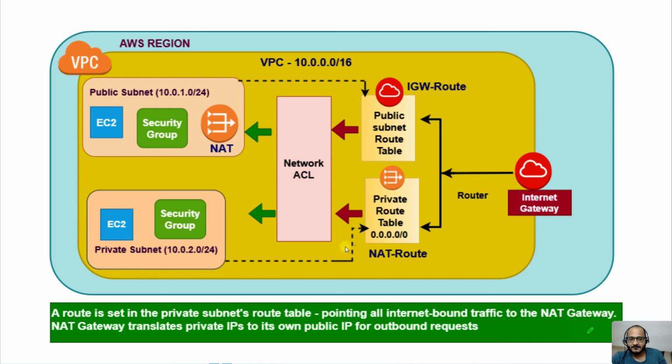One route table is for the private subnet, where we add a route for internet-bound traffic to the NAT gateway, and another is for the public subnet, where we add a route for internet-bound traffic to the internet gateway. That's how traffic flows when you configure a NAT gateway. A NAT gateway is useful when you have private resources in a private subnet and you want to access the internet from those resources.